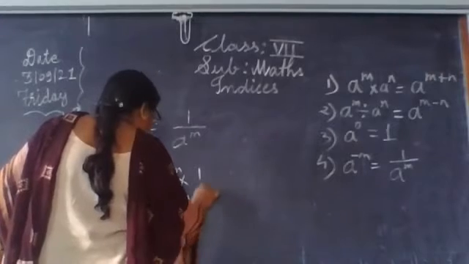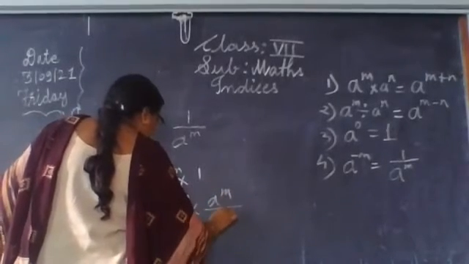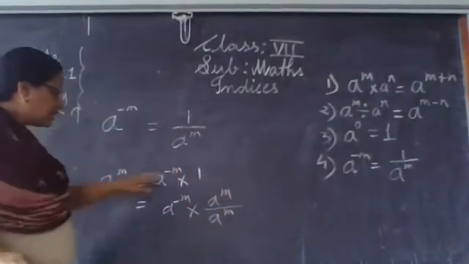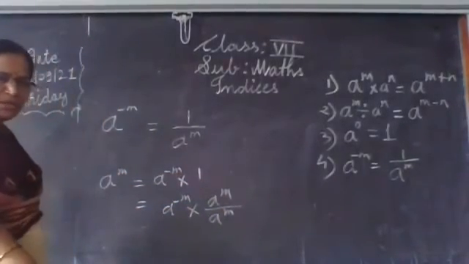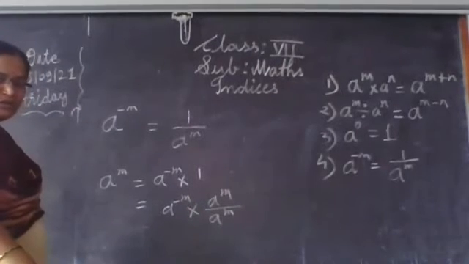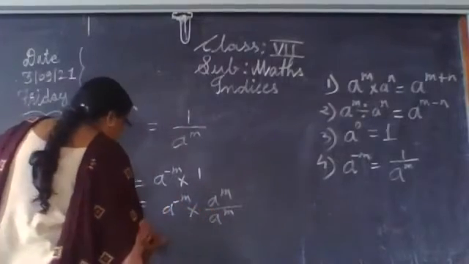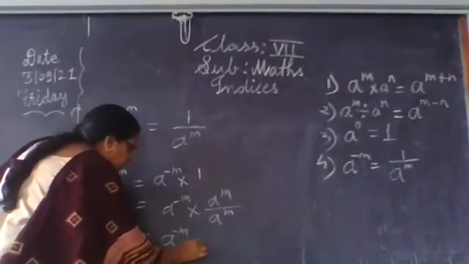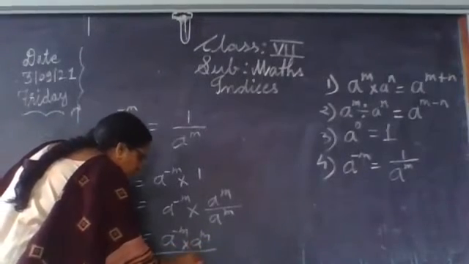Then can I write 1 as a raised to power n upon a raised to power n? Yes. So what is the meaning of this? It is a multiplication. So a raised to power minus n into a raised to power n upon a raised to power n.